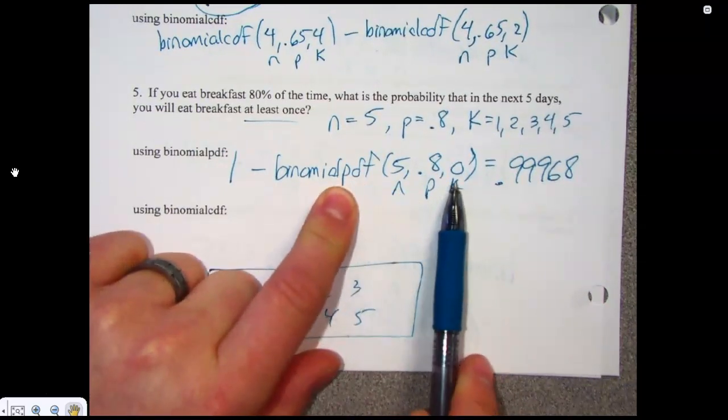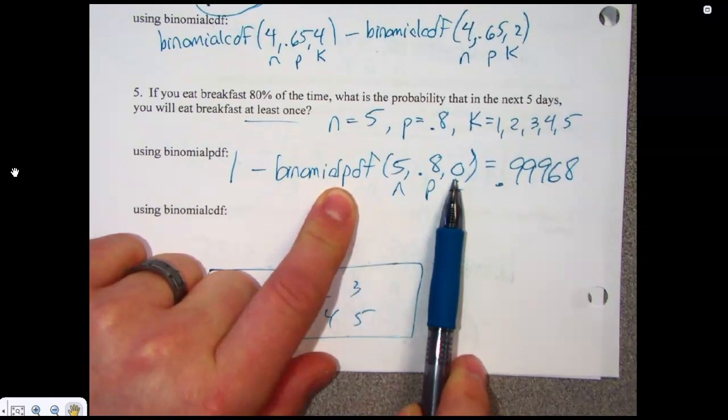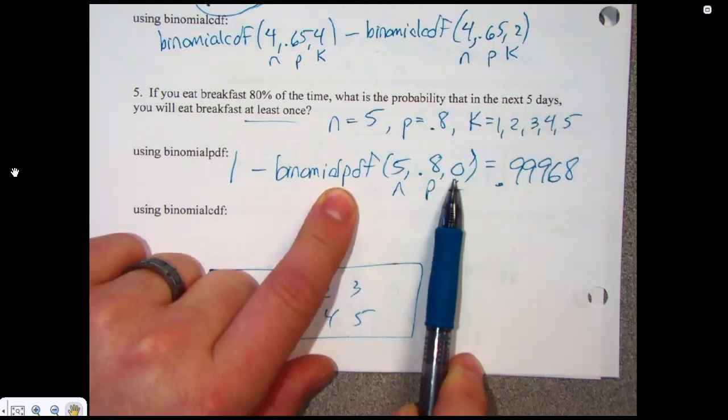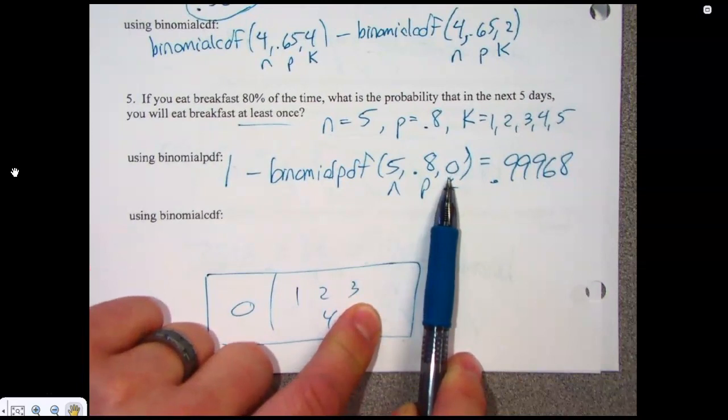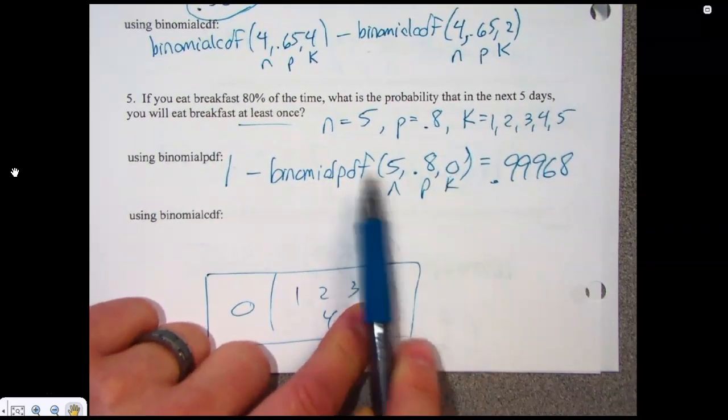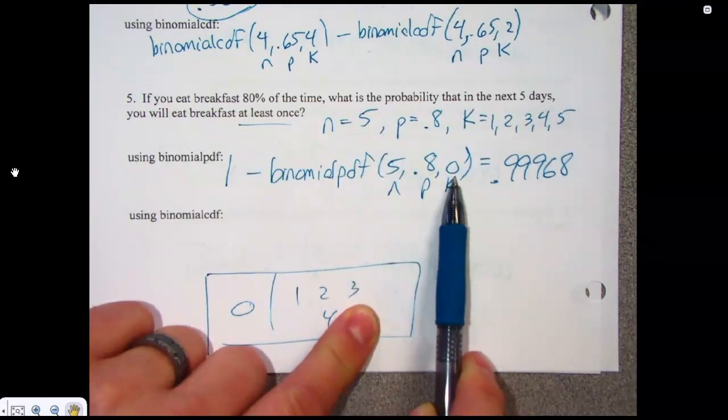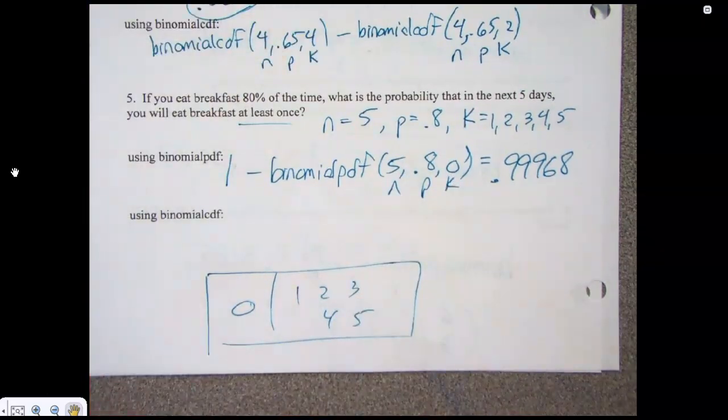If I'm going to do 0, if I'm putting 0 in this slot, does it really matter if I use PDF or CDF? Isn't CDF this number and everything below it? Well, 0 and everything below it, isn't that the exact same as 0? So you really could use PDF or CDF if it's 0, because if you get down that low, there's nowhere lower to go, so it's the same idea.